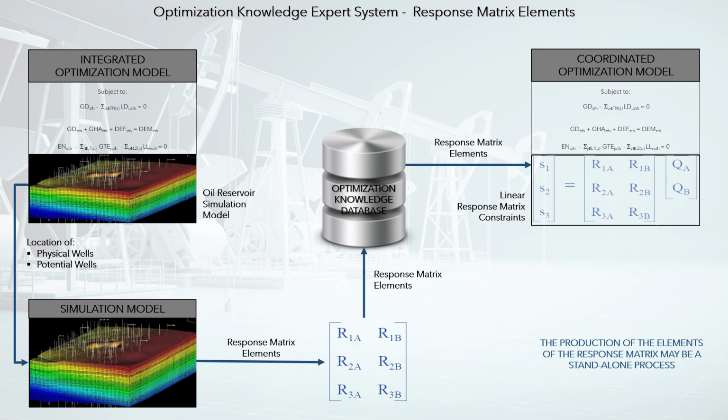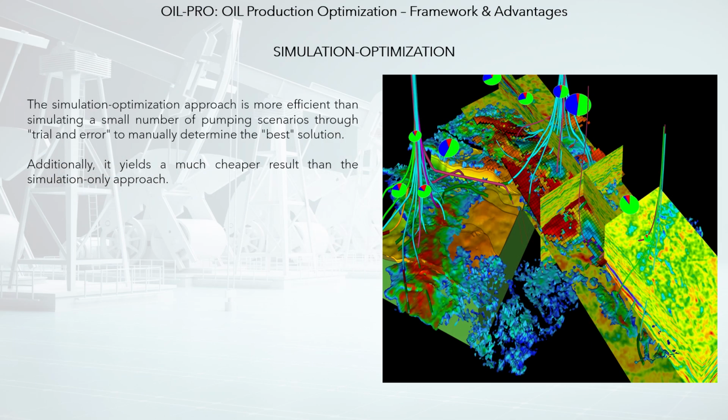It should not be forgotten that the cases in the real world are complex and of high dimensionality. For example, it is quite possible that it will be necessary to coordinate simulation models of multiple reservoirs. The simulation optimization approach is more efficient than simulating a small number of pumping scenarios through trial and error in order to manually determine the best solution.